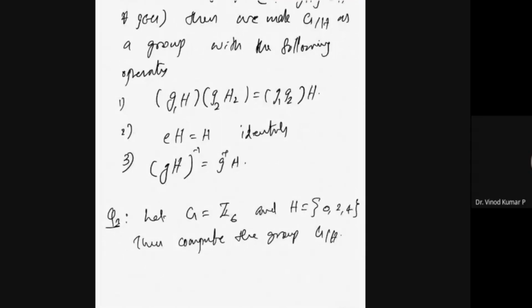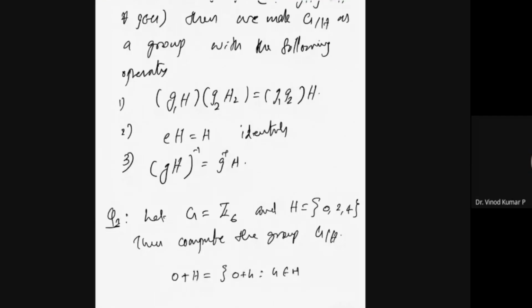Let's do it directly. The operation is addition modulo 6. So you compute 0 plus H. By definition, it is 0 plus h, h belongs to H, so it is {0, 2, 4}.